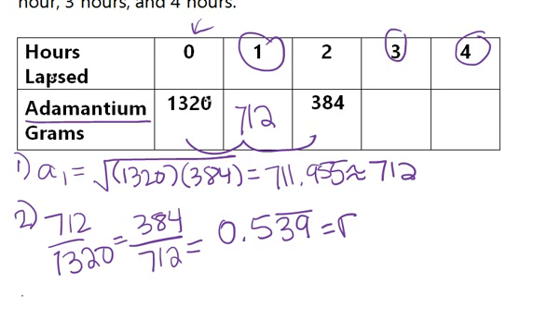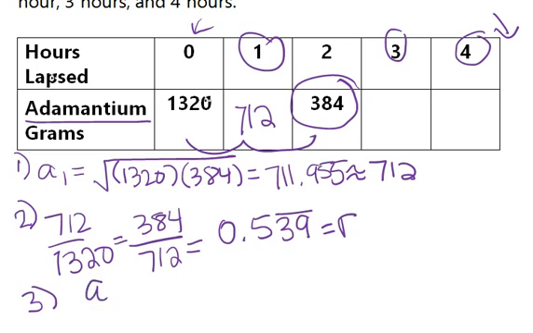We can use either the explicit definition or a recursive definition to find hours number 3 and 4. I choose the recursive just because we don't need to project to any point in time beyond 4. So I'm going to build off of our last known value of 384 at 2 hours.